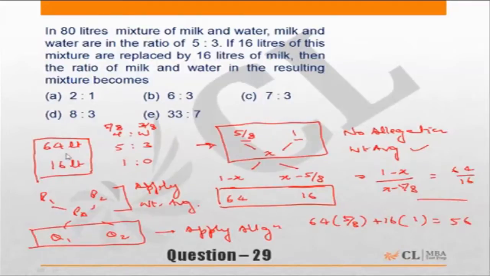The total quantity is 64 plus 16, which is 80. So milk is 56 liters, water has to be 24 liters. The ratio of milk and water will be 56 is to 24, which is 7 is to 3.